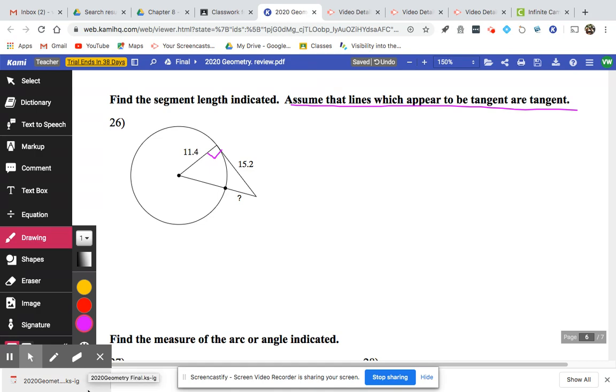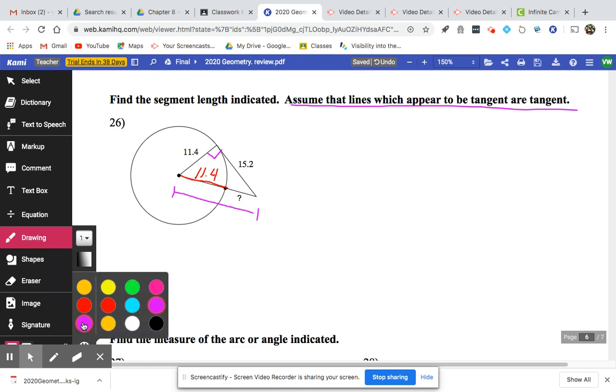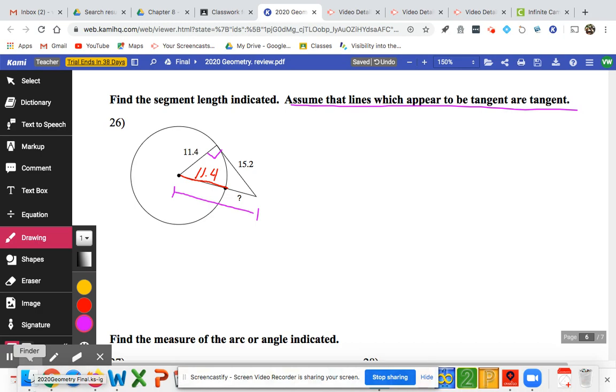Now, I need to figure out what this length is. We don't know what it is yet. But I do know, I'm going to use red, I do know this length. It's a radius. It's 11.4. So if I can find the purple length and then subtract it from the red length, I'll get my unknown value. But we first need to find the purple length.